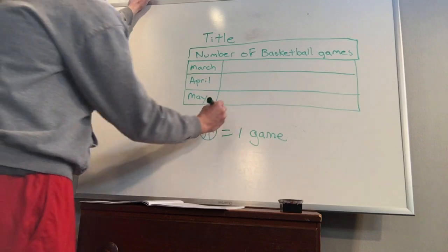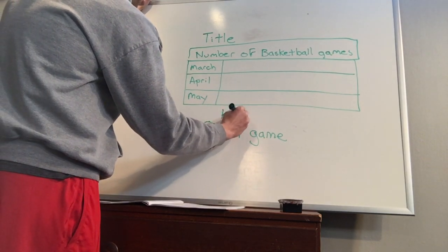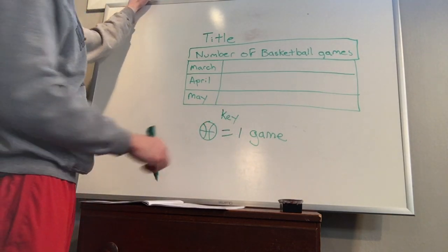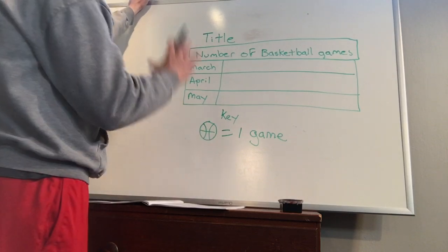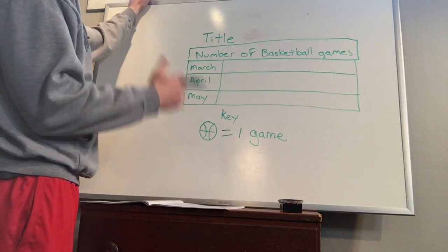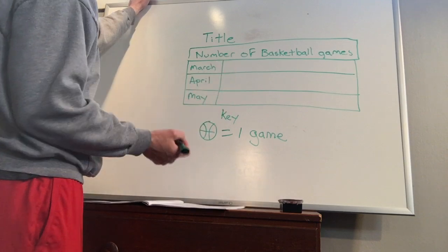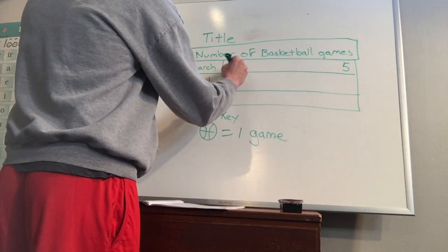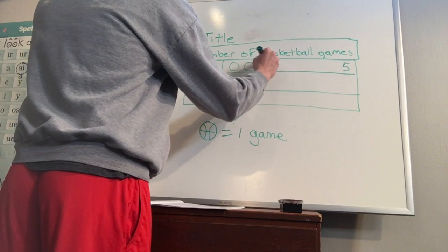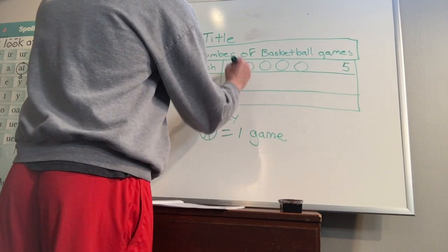Now, for your key, which tells us what that picture in this picture graph or pictograph represents, we know that one basketball equals one game. So we're going to pretend that we played 5 games in March. So I'm going to draw 1, 2, 3, 4, 5 basketballs.